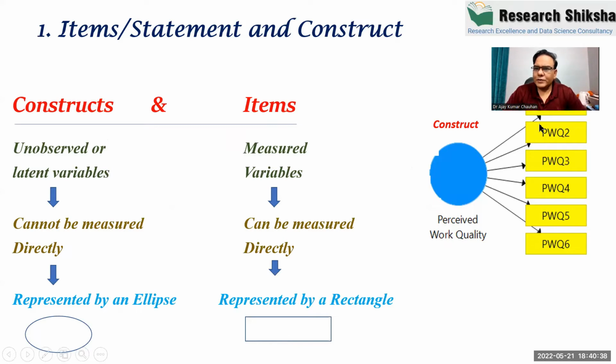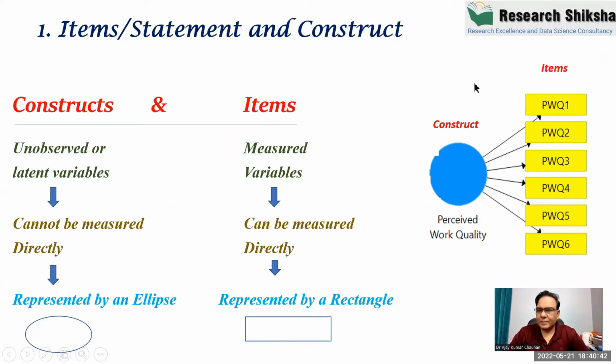And in PLS terminology, we represent the construct by this diagram. In this diagram, this blue circle represents the construct. The name of the construct is perceived work quality. And the perceived work quality is measured by 6 items: PWQ1, PWQ2, PWQ3, like this.